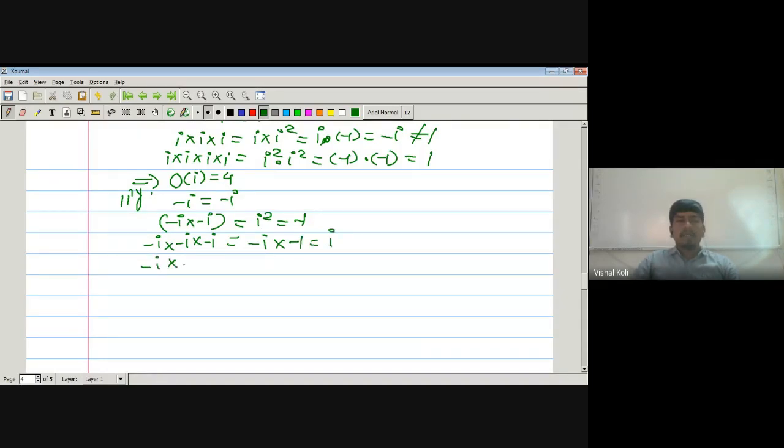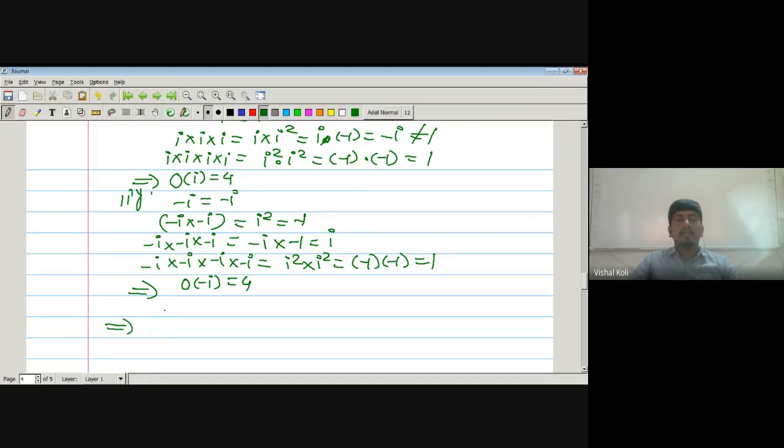But minus i multiplied four times is equal to i square into i square, which is minus 1 into minus 1, which is equal to 1. So if we multiply minus i four times, it gives the value 1. Therefore, order of minus i is equal to 4.